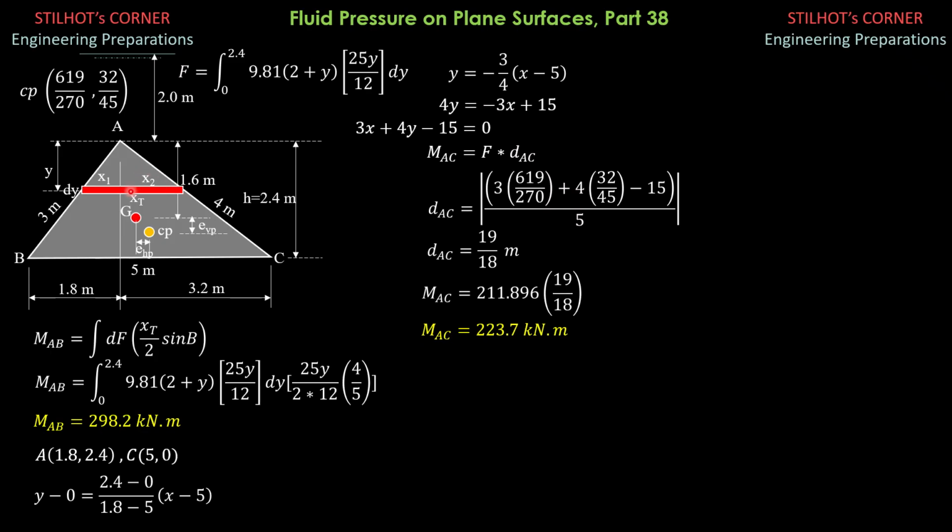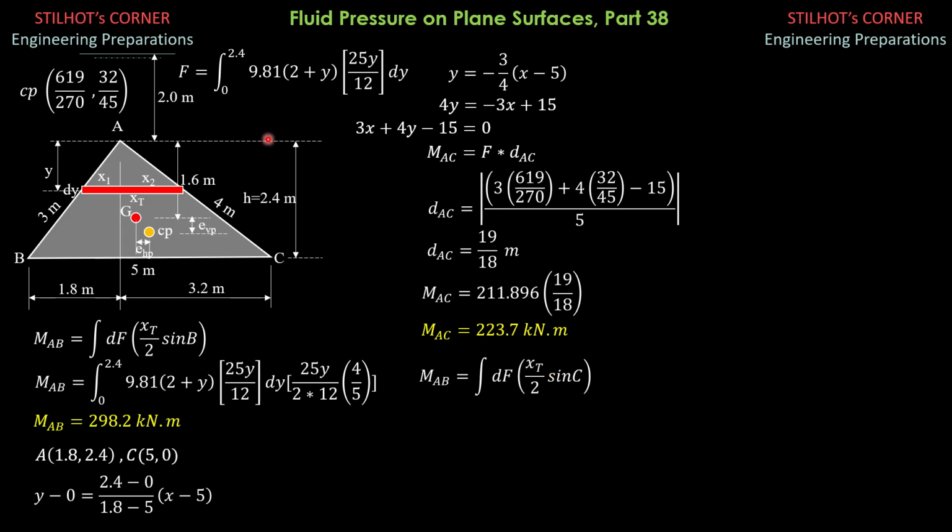And since this is half of the length xt, we have xt over 2 as the hypotenuse. The opposite, which is the perpendicular distance, is times the sine of this angle, which is equal to sine of angle C, which is 3 over 5. So moment AC by integration is the integral of df times xt over 2 sine of angle C.